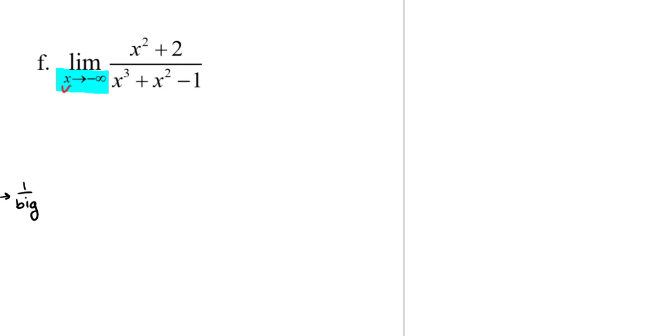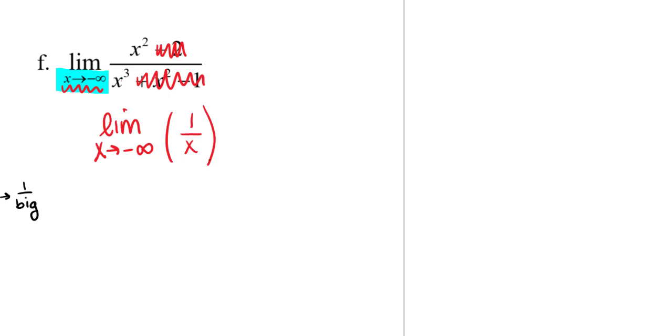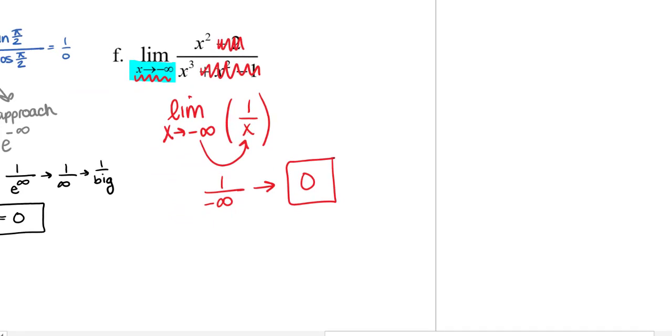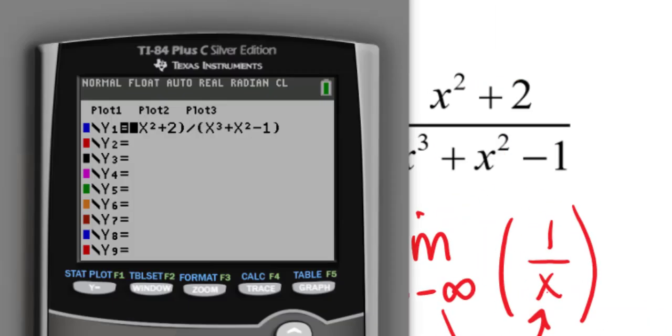So again, if I'm verifying that I'm looking at this limit as x approaches infinity or negative infinity, I'm just comparing highest powered term over highest powered term. x squared over x cubed is going to look like 1 over x. And if you're putting in a really large negative number, negative infinity, so 1 over negative infinity is going to approach 0. And so let's look at what this looks like graphically.